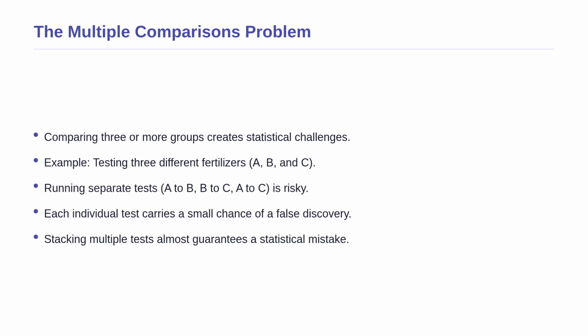However, every time you run a statistical test, there is a small chance of making a false discovery. Doing multiple tests stacks those risks up until you are almost guaranteed to make a mistake. This is known as the multiple comparisons problem, and it is exactly why we need a more advanced tool when dealing with 3 or more groups.